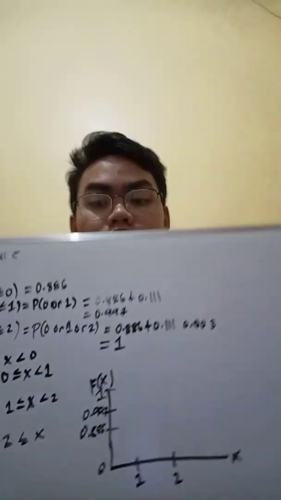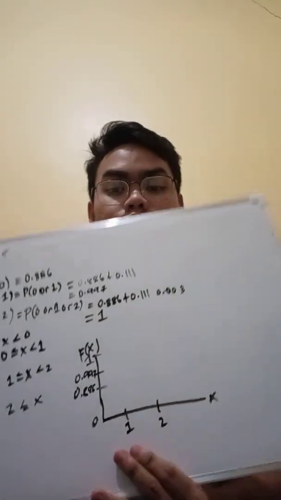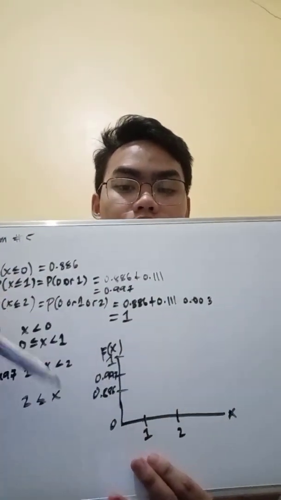We have 1 here, 0.997, 0.886. Okay, so in this part we have 1, 2, and okay, 1 and 2 only. So this is x. Okay, it will look like this, the first part of the graph.